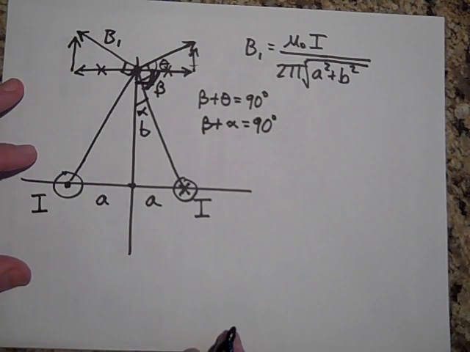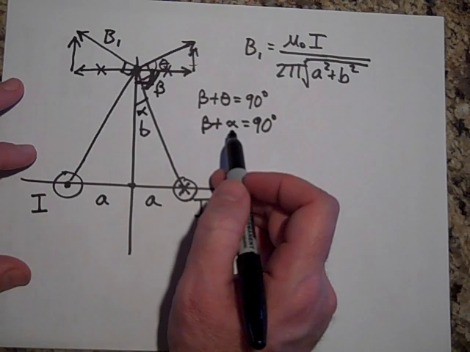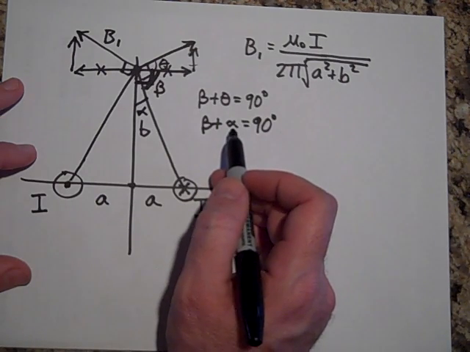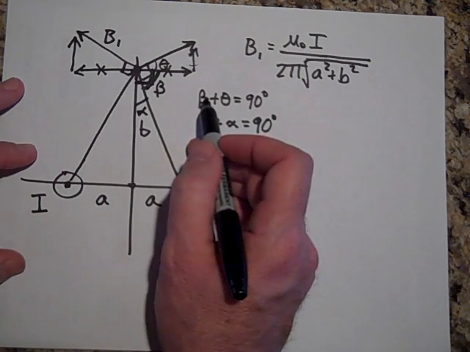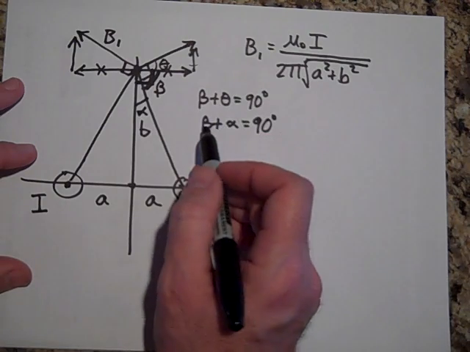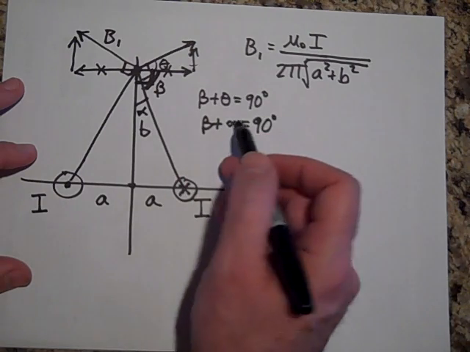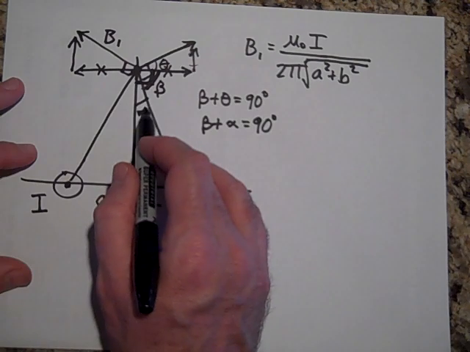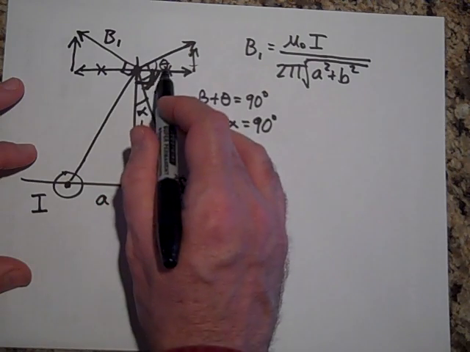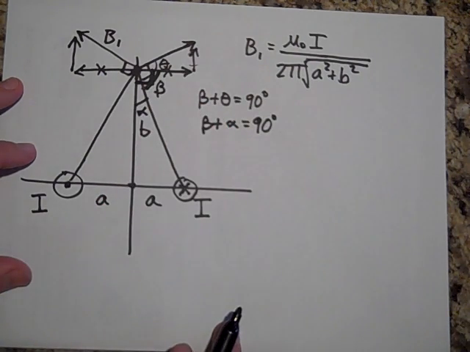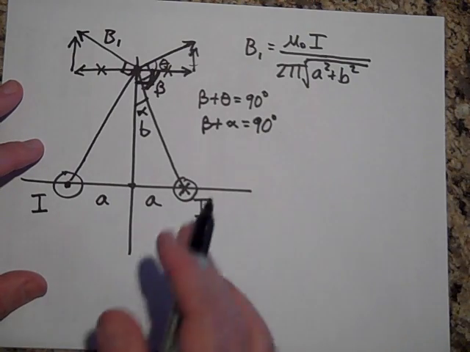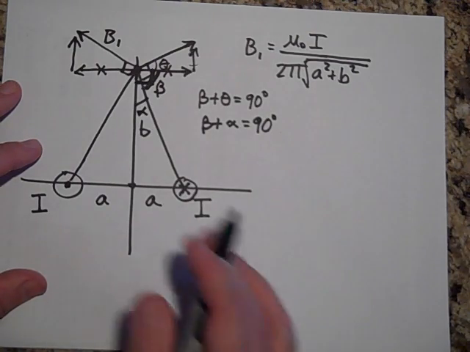So do you see how theta has to equal alpha? If beta is 60 degrees, that's going to be 30 degrees. And if that's 60 degrees, that again has to be 30 degrees. So alpha, this angle right here, is equal to theta. Okay, there's a bunch of other ways you can get to that argument, but that's one of them.